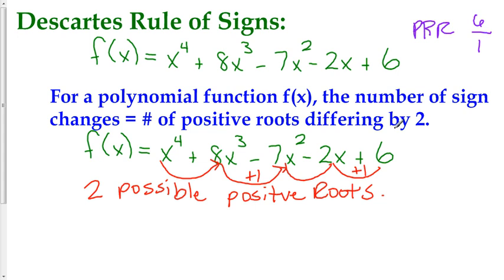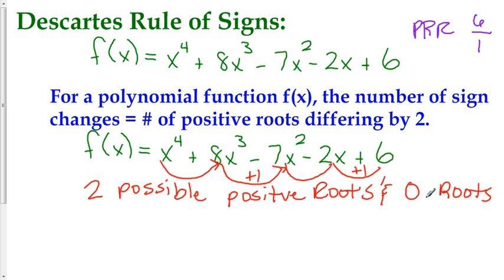And because it can be differing by 2, there could also be zero roots that are positive. Okay? If you had 3 sign changes, then there could be 3 possible positive roots or 1 possible positive root.